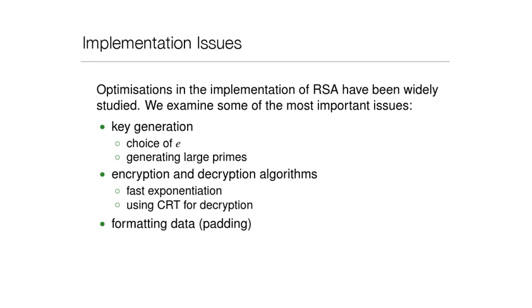So we have to make the encryption operation as efficient as possible by choosing the E value as small as possible.